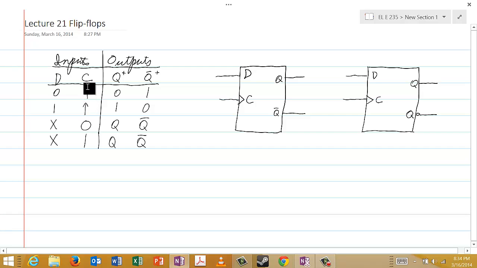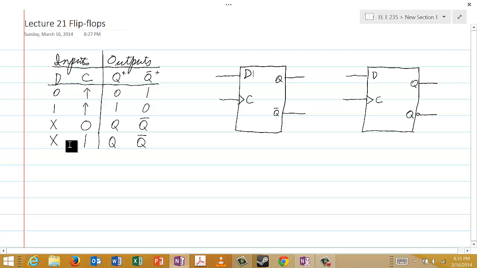So when the clock transitions from 0 to 1, and only at that instant, the flip-flop will look at what's available at the D input, and if that is a 0, then the next value of Q will be 0, and the next value of Q complement will be 1. On the other hand, if at that moment when the clock goes from 0 to 1 there's a 1 at D, then the next value of the output will be 1, and the next value of Q complement will be 0.